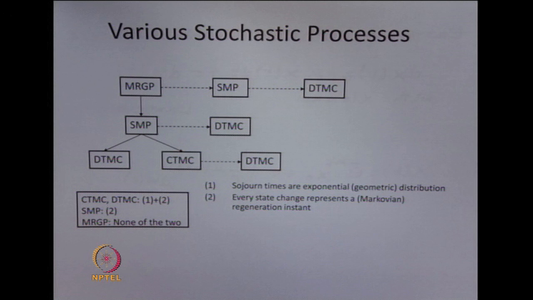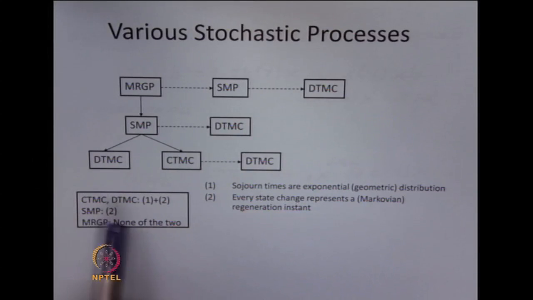These epochs or points are called regenerative epochs or regenerative time points or regenerative instants. So, these are the two important properties. One is that the sojourn times are exponentially distributed. The second one is that every state change represents a regeneration instant. Accordingly, we can classify the stochastic process.